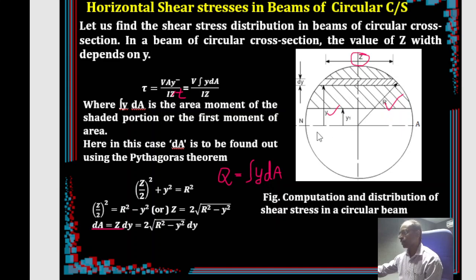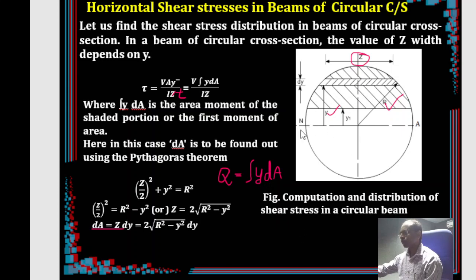If we convert that, then it will be easy for us to finally express the shear stress equation in terms of y and r, which is what we desire. Then we can calculate the shear stress at any point along the depth, right? The equation should be of such form, exclusively in terms of y and r, not any other terms.